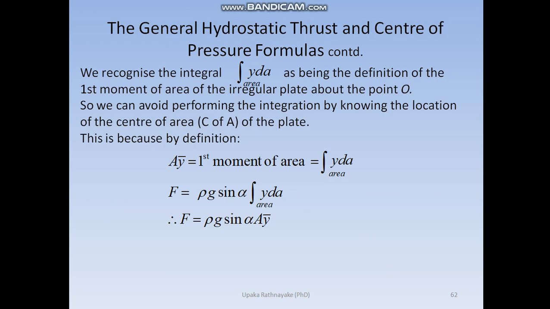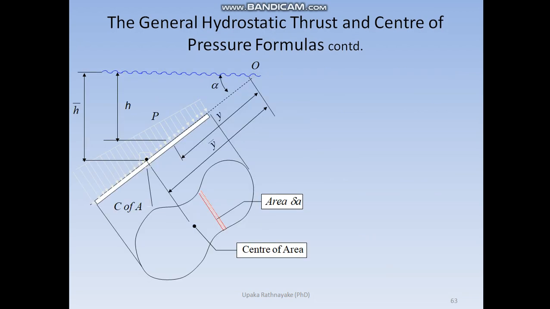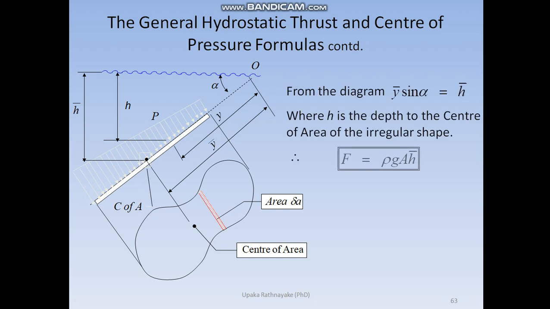Now when we have y bar sin alpha, that has to be h bar. H bar is the height from the free surface to the center of area. So our equation simplifies to rho g A h bar.